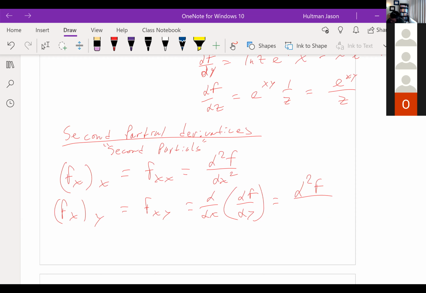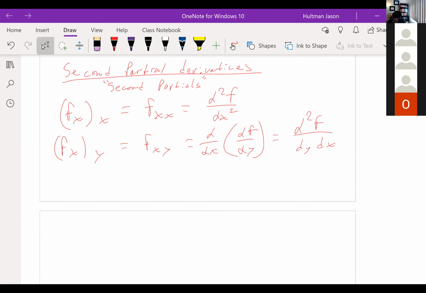This is dy dx. Again, the notation gets a little scary. We're taking the derivative with respect to x first and then with respect to y. There we go, which is dx dy. Partial with respect to x, partial with respect to y.